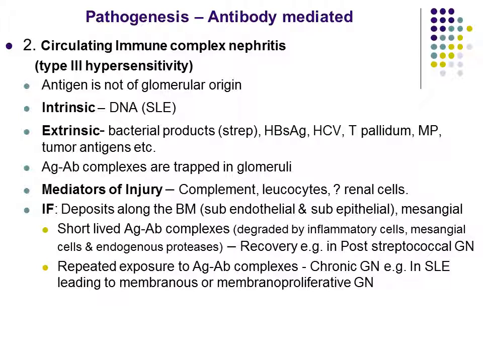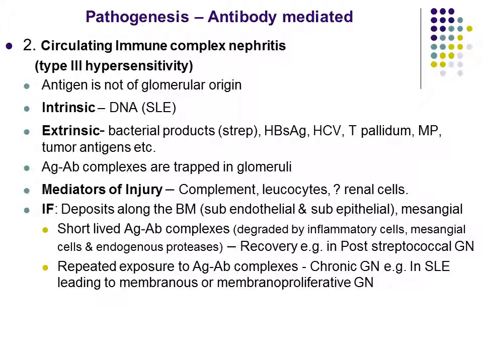If these antigen antibody complexes are degraded by inflammatory cells, mesangial cells or endogenous proteins, the disease will be short-lived and the patient will recover. For example, in post-streptococcal glomerulonephritis, more than 90% of patients recover, because these complexes stay there for a very short time.